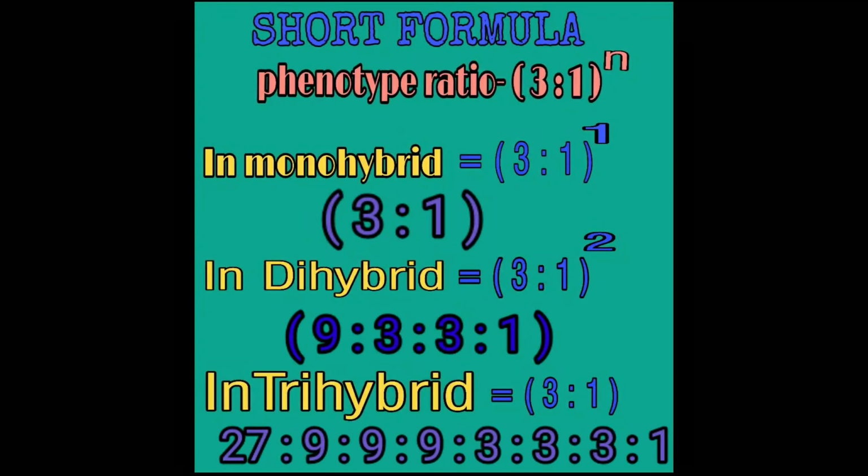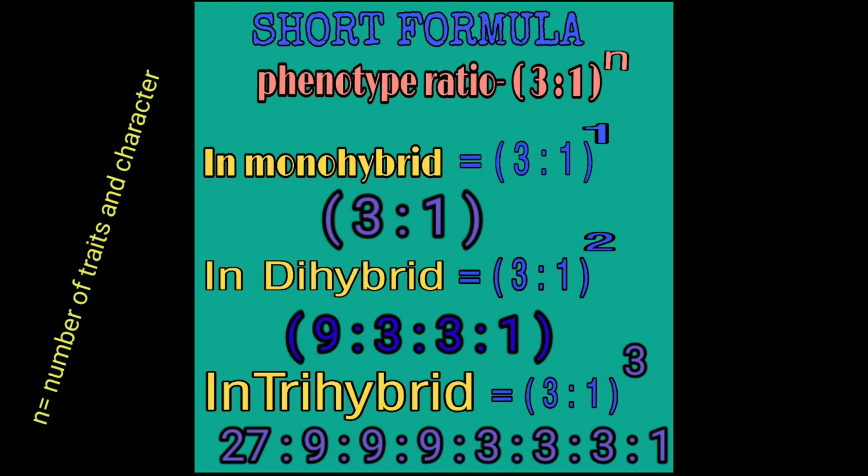Let us cross-check using the formula for these crosses which we already know. The short formula to find the phenotypic ratio is 3:1 raised to the power n. In the case of monohybrid, the formula is 3:1 raised to the power 1, and we get 3:1.